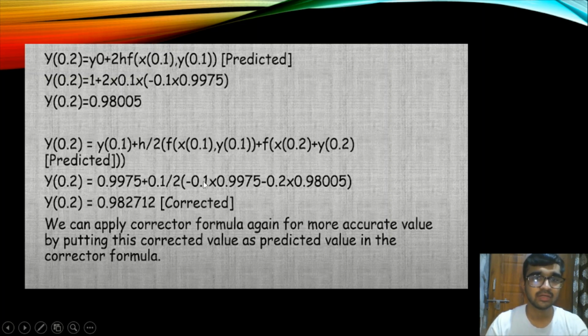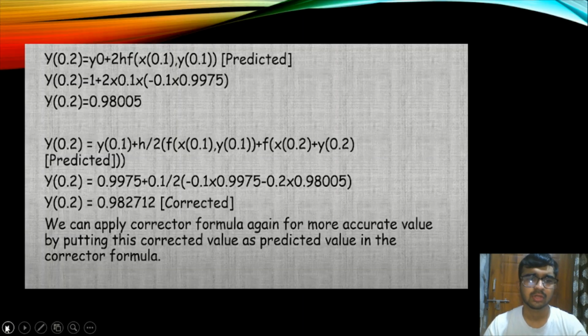What we are doing here is correcting it with our previous values, and we have corrected it till here, and we can also apply the corrector formula again for a more accurate value by putting this corrected value as the predicted value in the corrector formula.